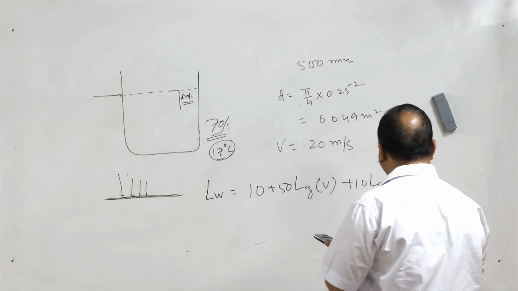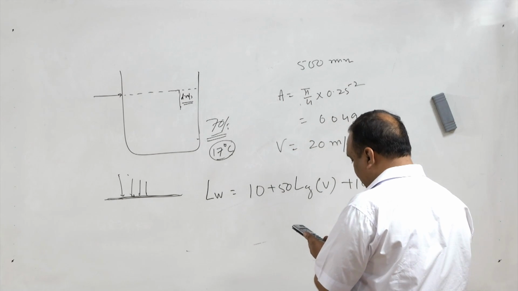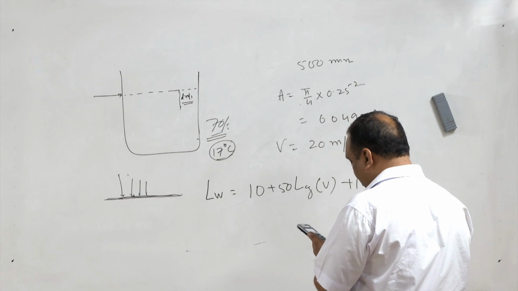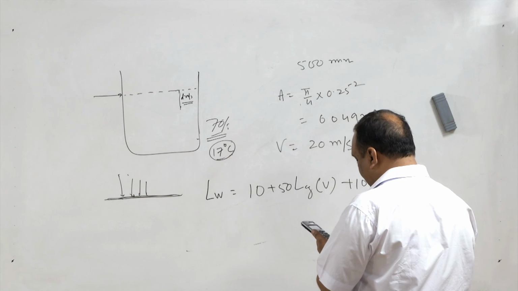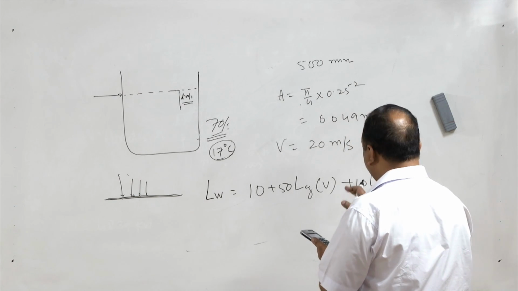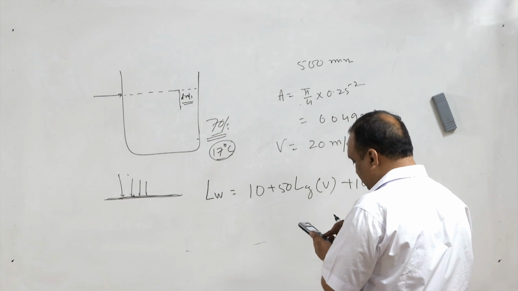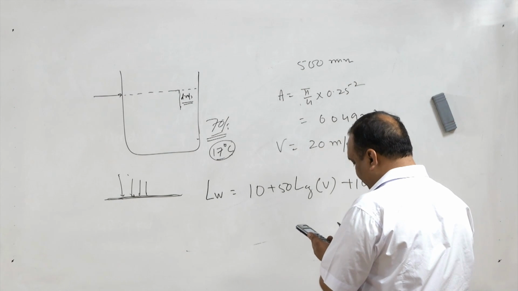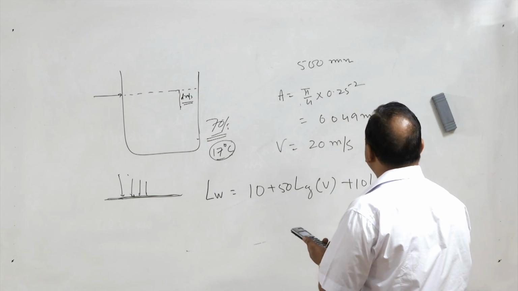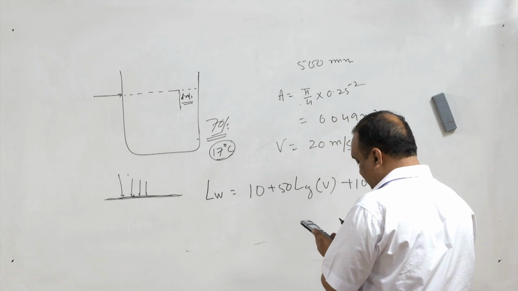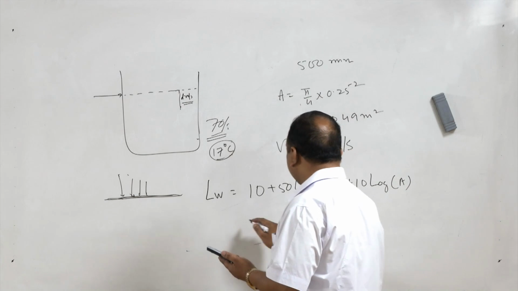So the noise level we can calculate as 10 plus 50 into log of velocity, that is 20, plus 10 into log of area, that is 0.049, that is 61.95.